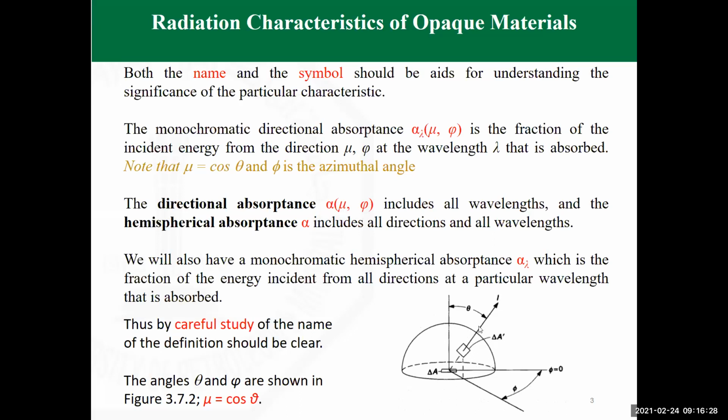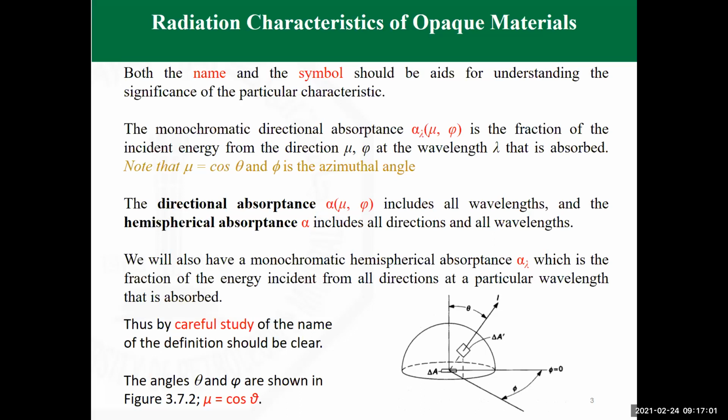It has been integrated over the whole theta, or actually mu, which is cosine theta, and phi, so it has covered the whole surface. So monochromatic depends on the wavelength, directional depends on mu and phi, and hemispherical does not depend on the direction, but it can be monochromatic or it can be a total.